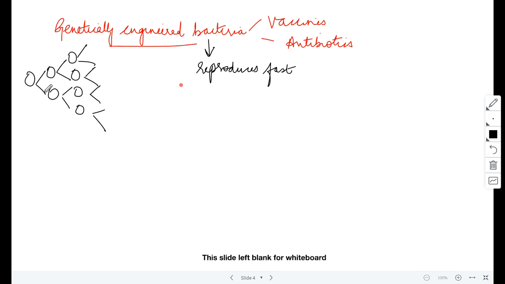So if I insert a chemical here, and the bacteria splits, you will be able to see this chemical here also. It makes identical copies, so this chemical is now in the four cells.